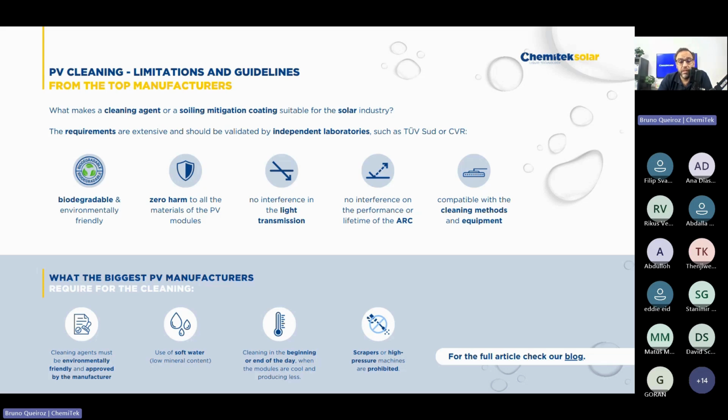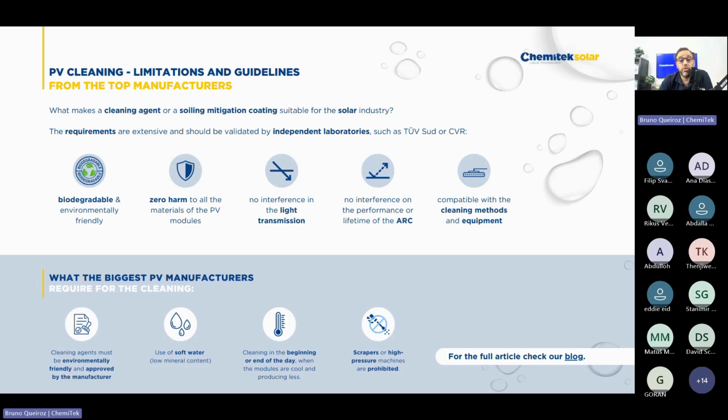Not interfering in the performance or the lifetime of the anti-reflective coating. Also very important, the anti-reflective coating represents up to 3% of the total production of the panel. It's heavily connected to the warranty of the panels.